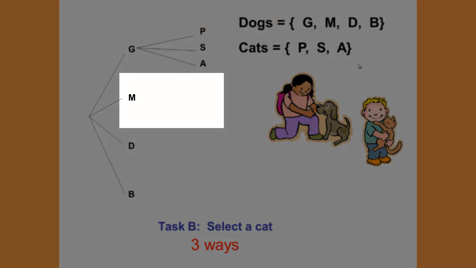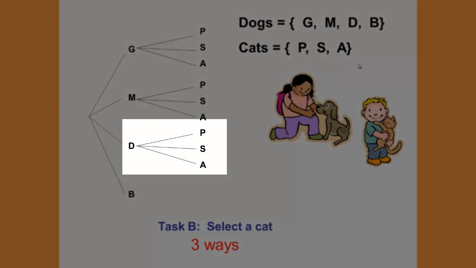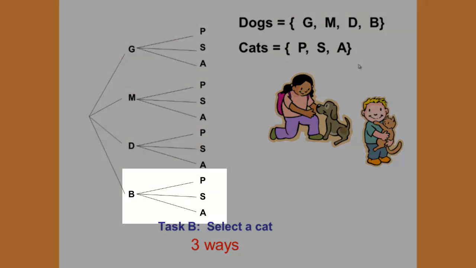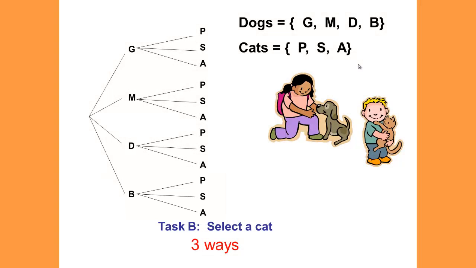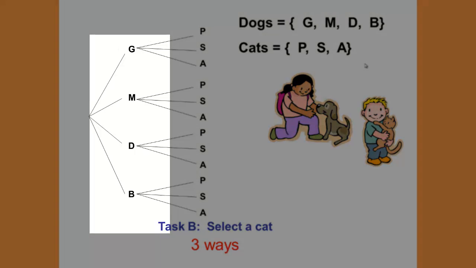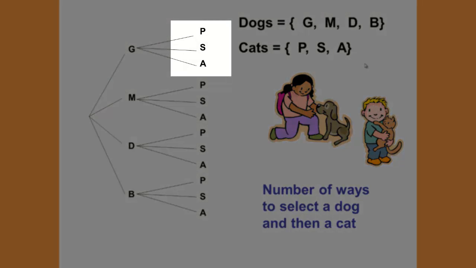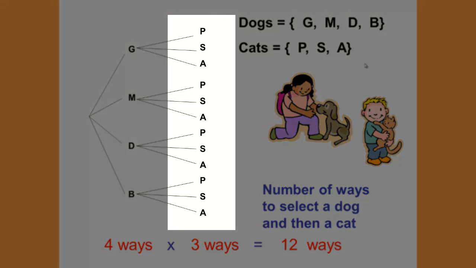If we selected the mutt first, we could then select the Persian, the Siamese, or the alley cat, and so forth and so on. So the total number of ways that we can make our selection of a dog and then a cat would be 4 times 3, or 12 ways.